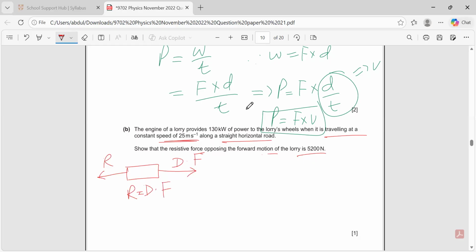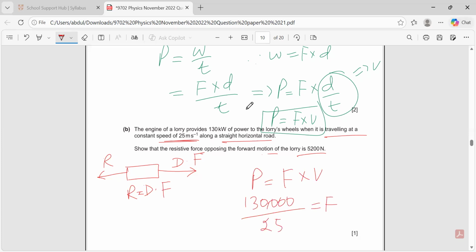driving force. Why is resistive force equal to driving force? Can you tell me why? Constant speed. Exactly, my dear friend. Very good. So power will be equal to Fv. This is the driving force. The power is 130,000 over v, that is 25.